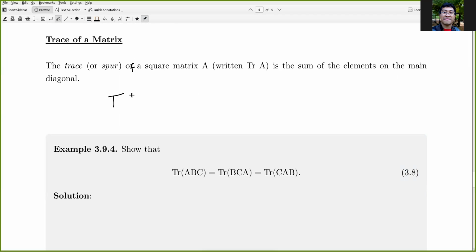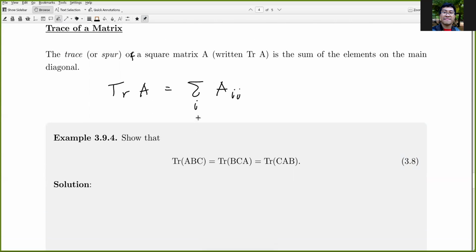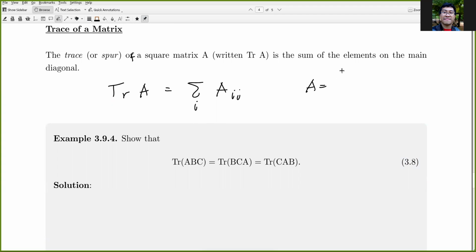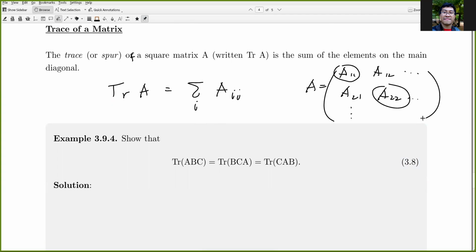So for example, the trace of A, we simply get by summing over all i, where we have only elements of A on the diagonal, A_ii. If we have A equals A11, A12, and so on, A21, A22, and so on, we simply sum the diagonal: 1,1, 2,2, 3,3, and so on.